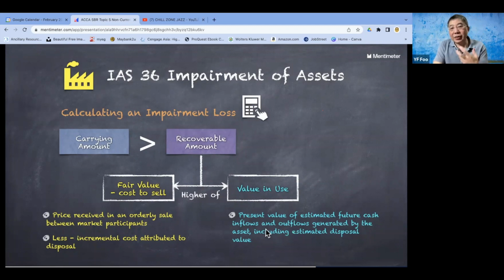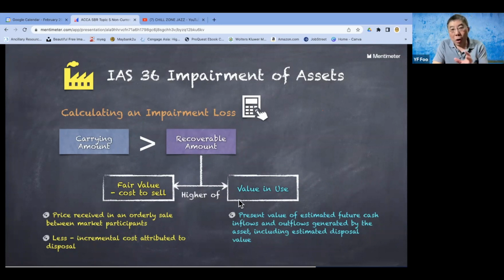All right, so that's what we call the present value. So the present value of these estimated future cash inflows and outflows will be what we describe as value in use. And value in use is what we can recover from the asset by using it, not by selling it directly, but by using it to make products that we can then sell.